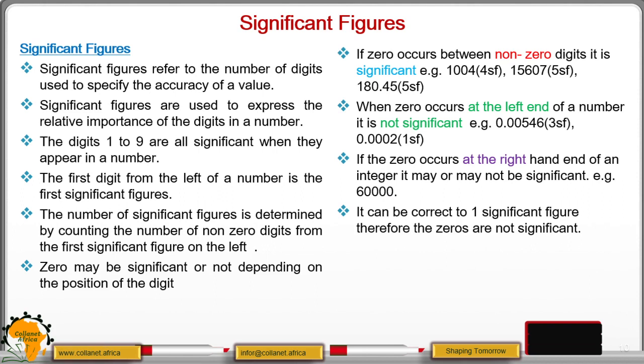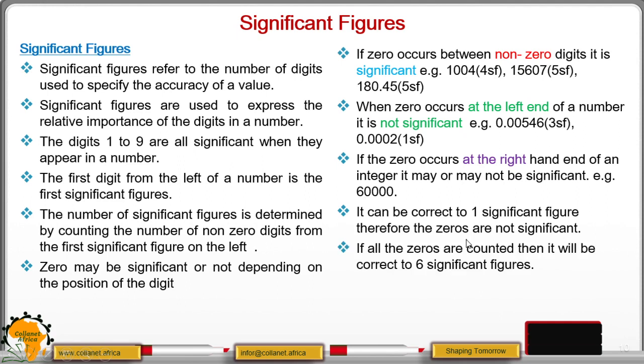Because if it is correct to one significant figure, you just count the first non-zero digit on the left hand, and the first non-zero digit is 6. So all these other zeros are not significant and they are just place value holders.